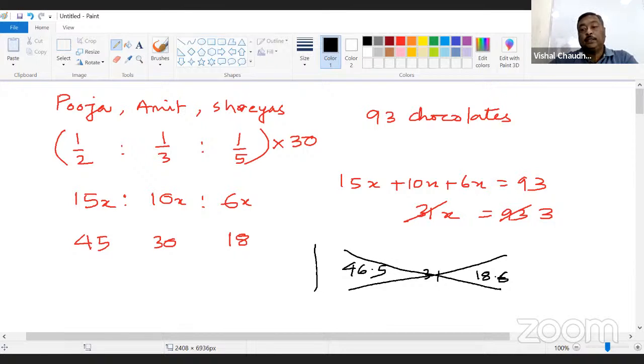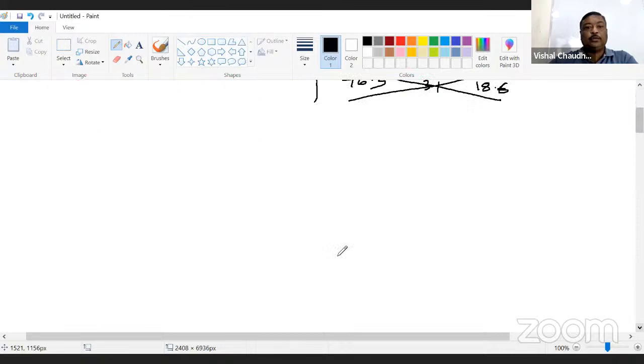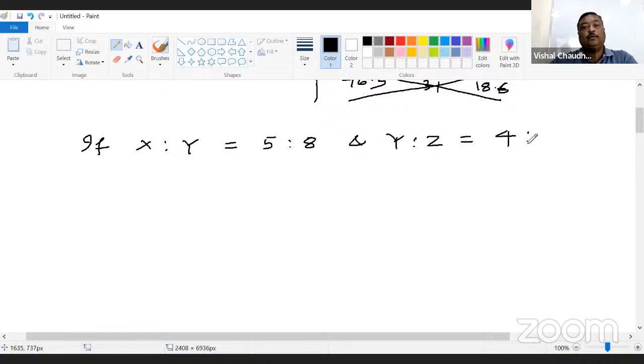One of the easiest questions is, once again, please go through it. Suppose x is to y is 5 is to 8 and y is to z is equal to 4 is to 7, and someone says find x is to z.